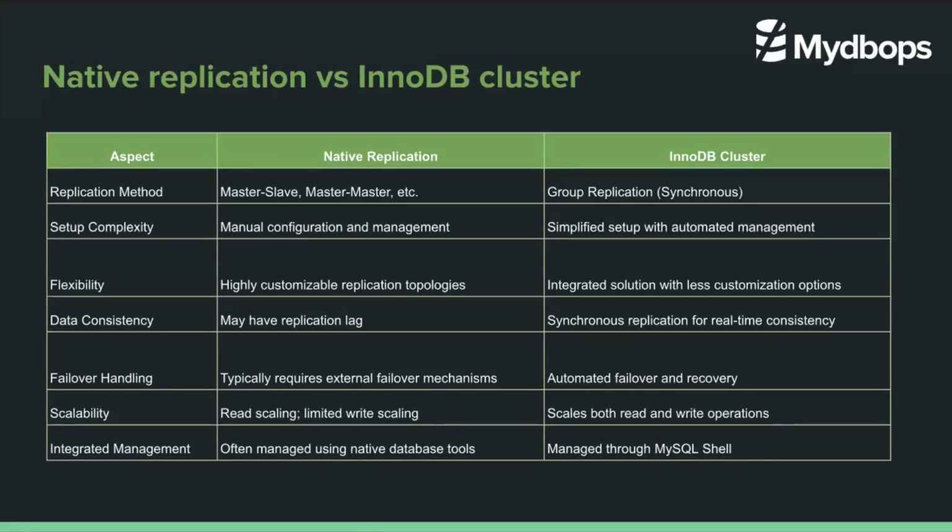Whereas the InnoDB cluster can handle both read and write workloads, because reads and writes are spread among the servers. If the writes also need to be handled, we can have multi-primary, where writes can occur on all the servers, and reads can also occur on all the servers. So the workload can be well handled in the InnoDB cluster.